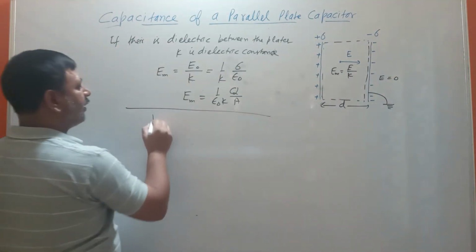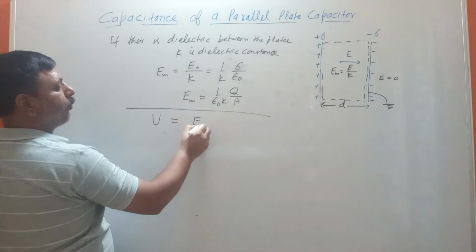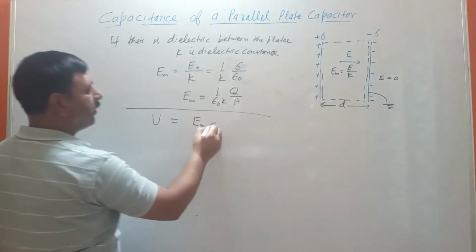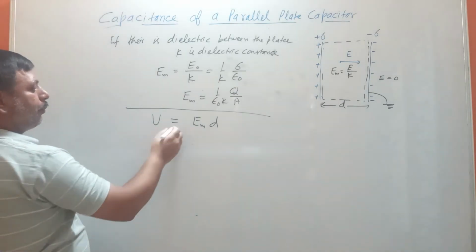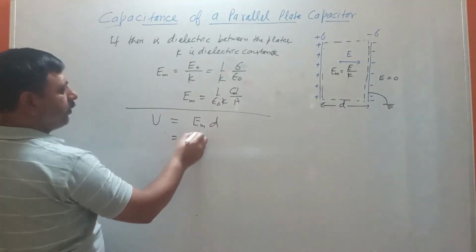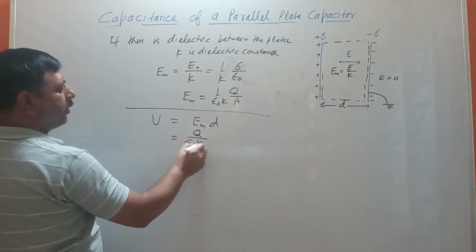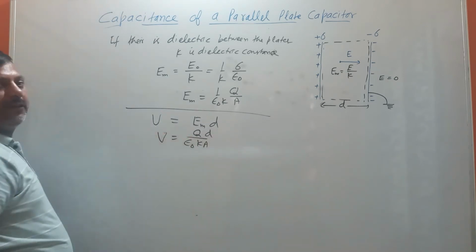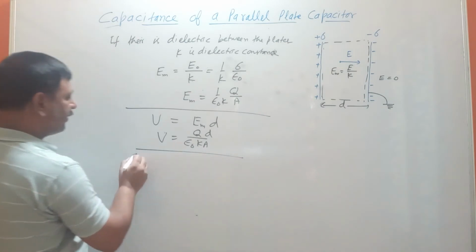What will be the potential difference? Potential difference is the electric field into the distance between the plates, D. The potential difference is Q upon epsilon naught K A, times D. This will be the potential difference. So what will be the capacitance?